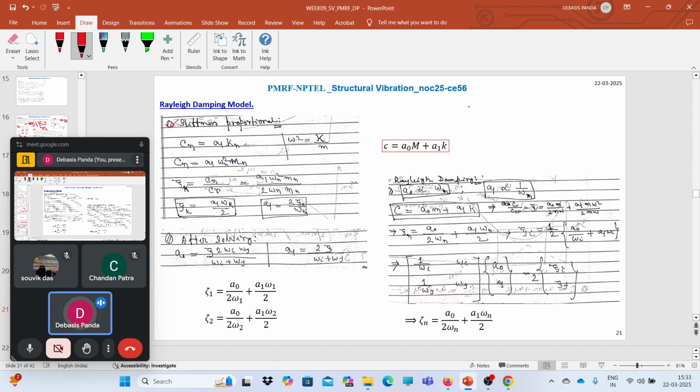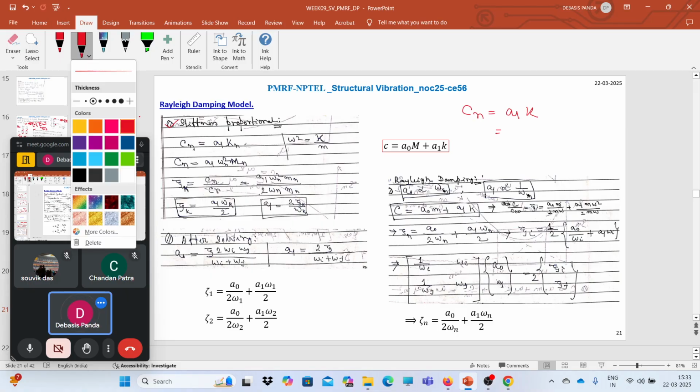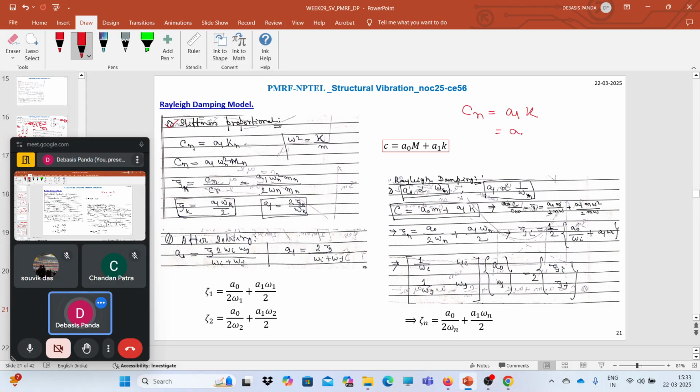So for the stiffness proportionality part, we have seen that Cn is nothing but A1 into K. Now if we expand it, K is equal to M omega n square. So A1 omega n square Mn, right? Now we know zeta is equal to C by CCR.